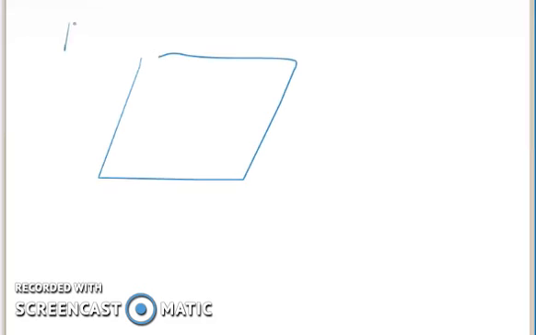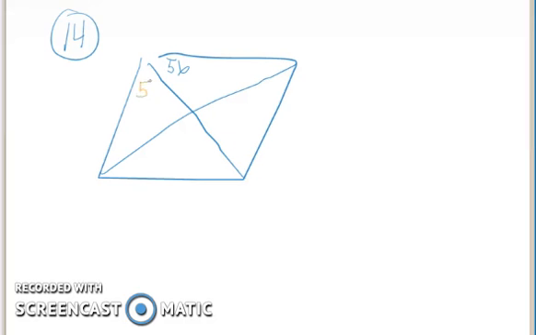Alright, our next one's for a rhombus, number 14. And it tells me that angle 4 is 56 degrees. If this is 56 degrees, that's what we're given, then we know that this is also 56 degrees, that alternate interior angles are 56, and the angles bisect, so that's also 56.